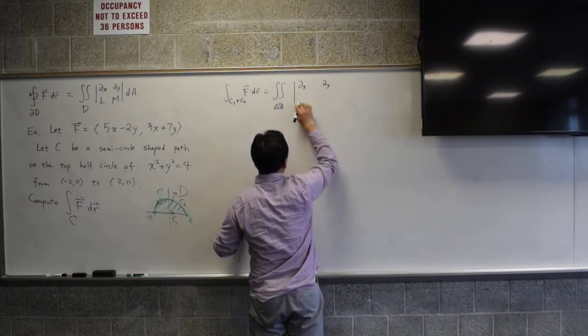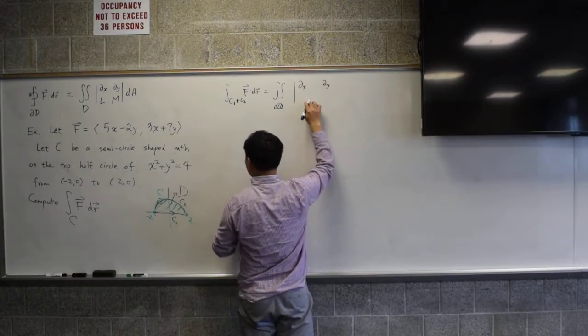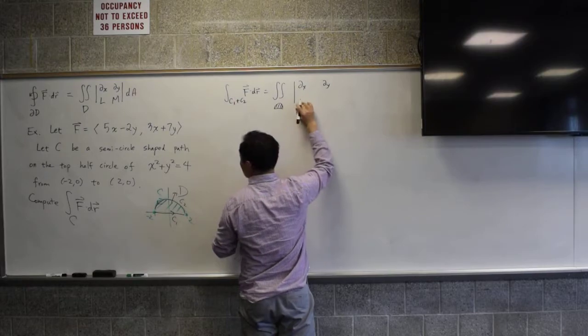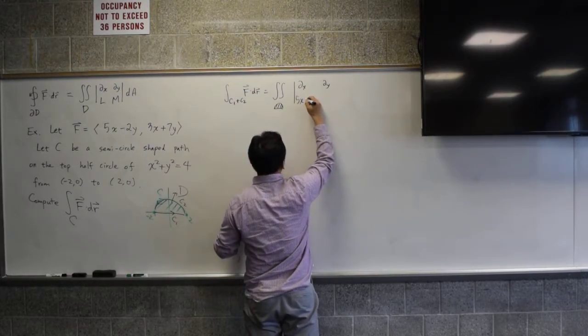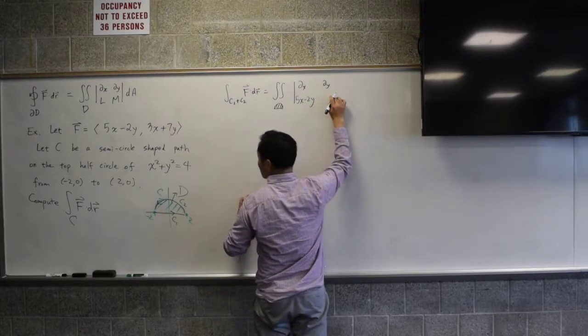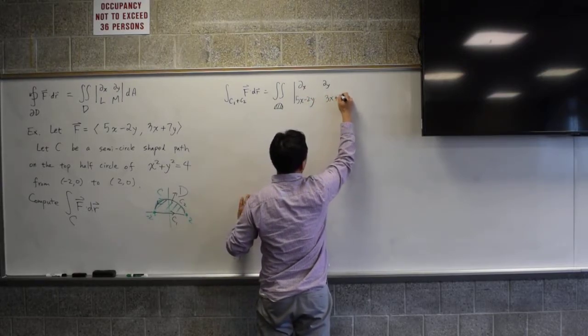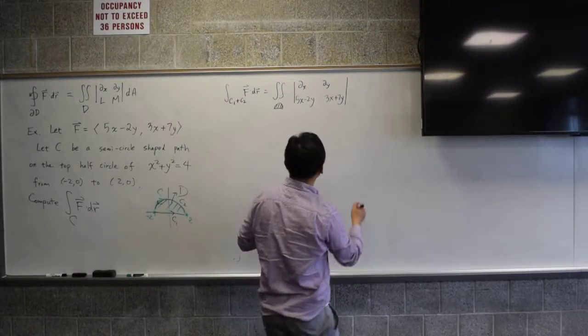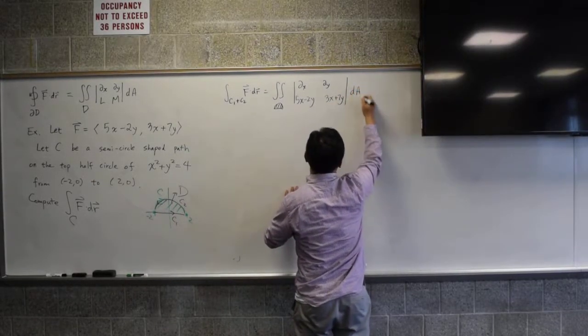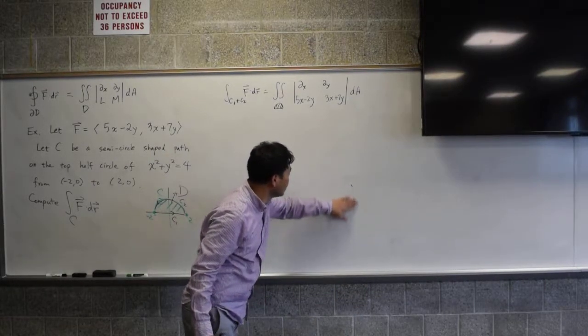What did I put here? You're going to put 5x, 2y. What about here? 3x plus 17. That's how you do the curl, the two-dimensional curl, and dA.